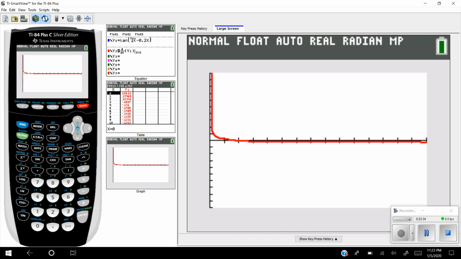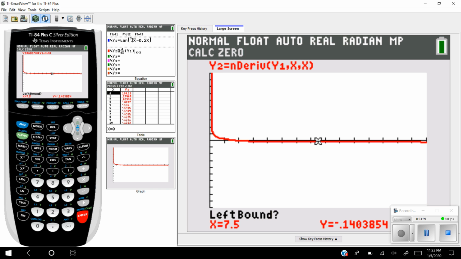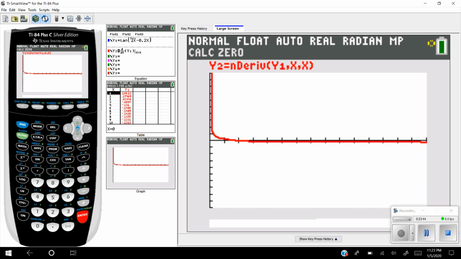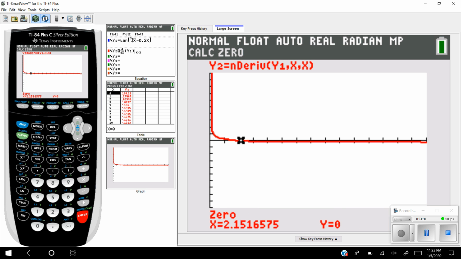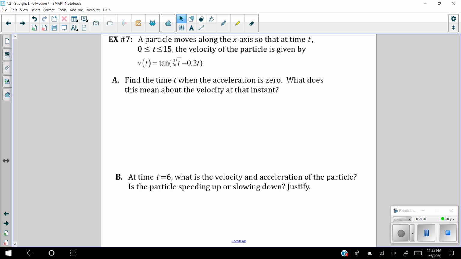All right, so second, calculate 0. I'm going to manually type in 1 for the left bound, 3 for the right bound, enter for a guess, and I get 2.1516. Okay. Acceleration equals 0 when t is approximately 2.1516.